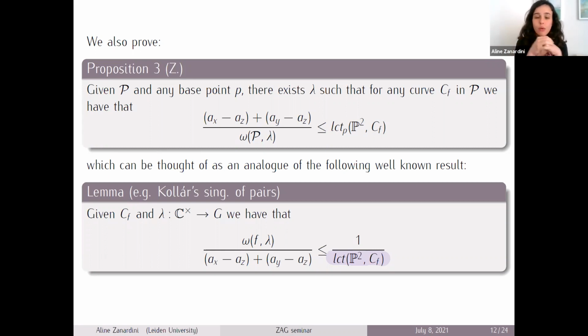Okay, so I've shown you the statement of 4 results, and these are the key ingredients to the main results that I want to present next, which really are the stability criteria for pencils of plane curves.